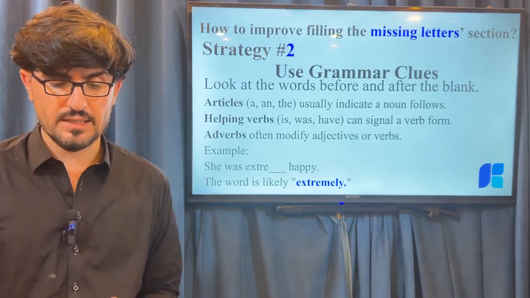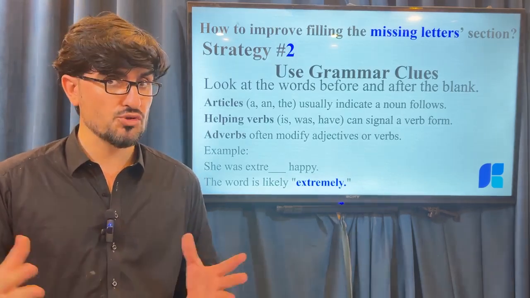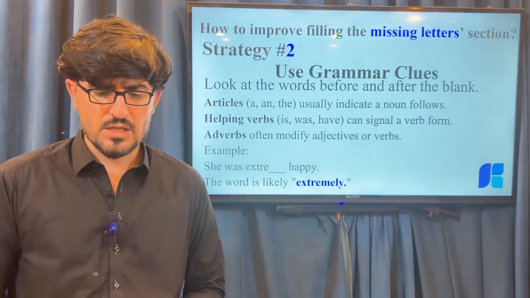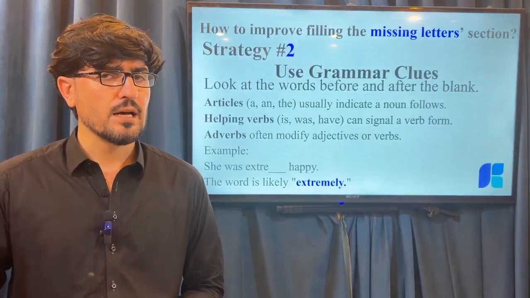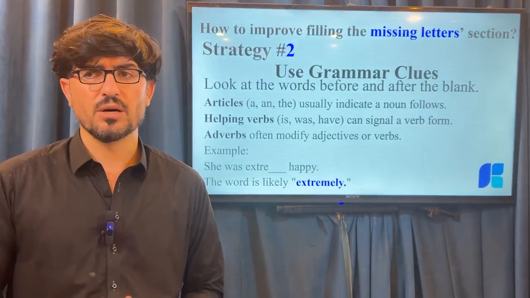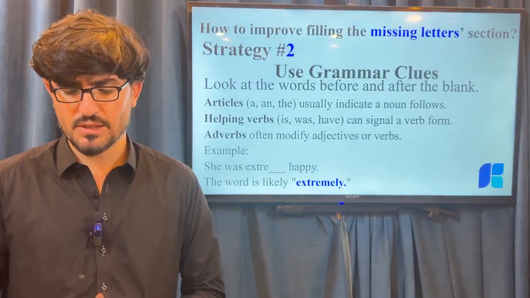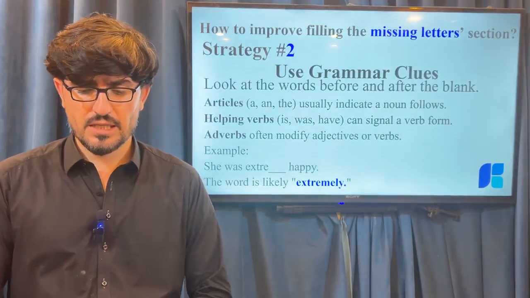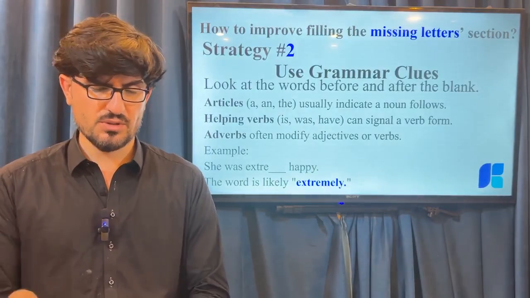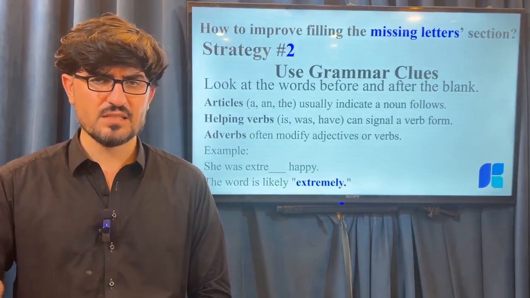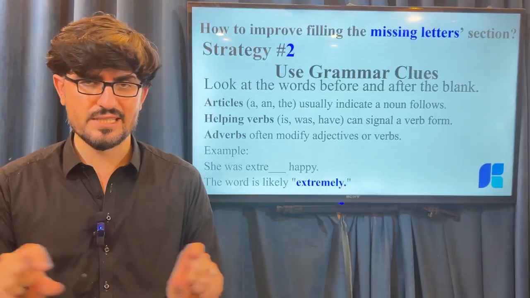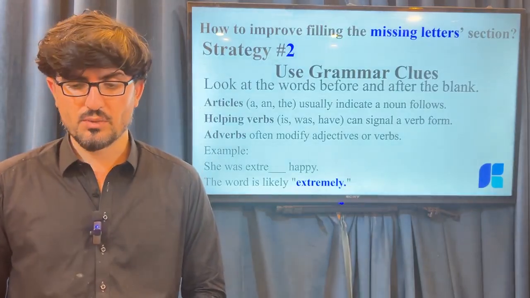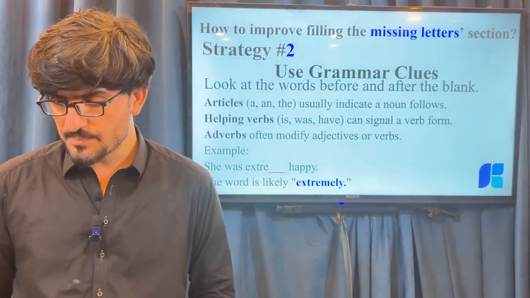So definitely the word is likely extremely. An adverb is needed here. So she was extremely delighted about the event or about something. So I found the word extremely. That was only a sentence, but in the real test you would have a whole paragraph. So that was the second strategy.